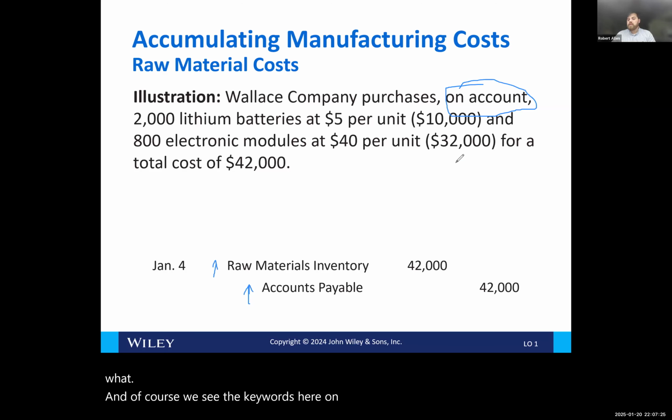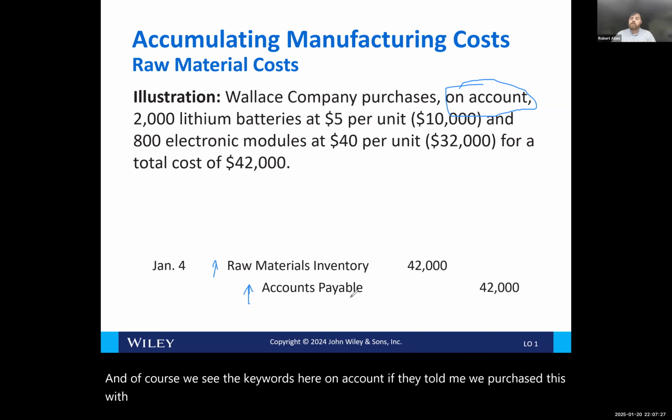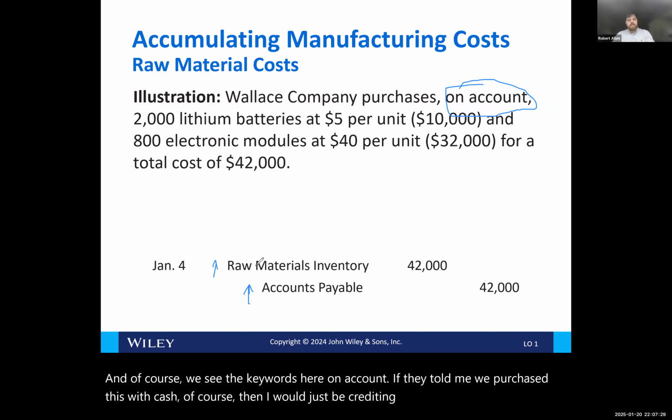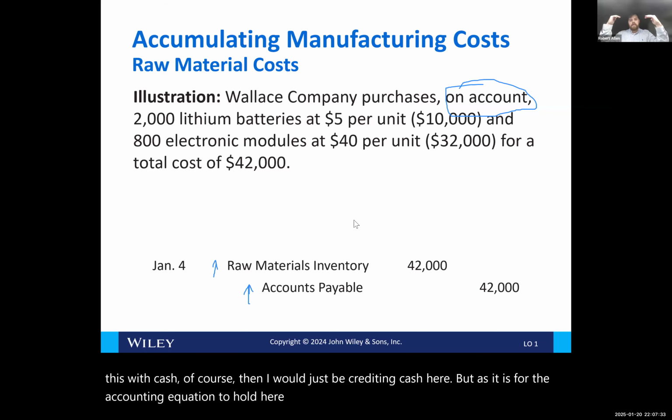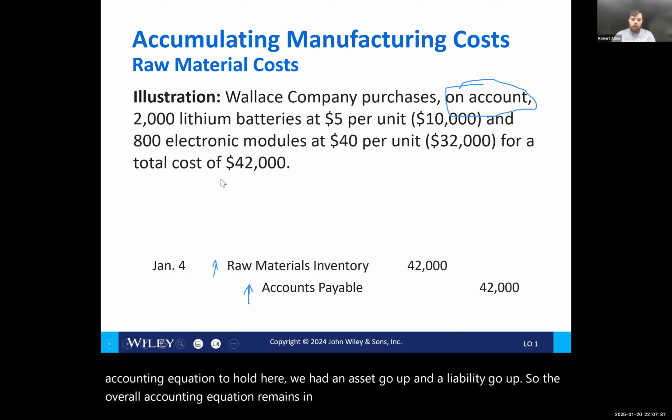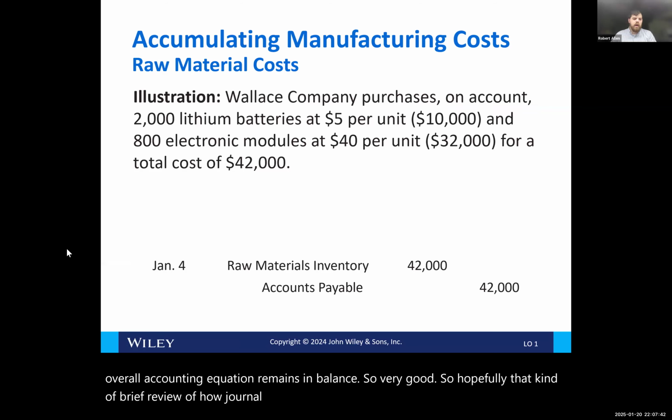If they told me we purchased this with cash, of course, then I would just be crediting cash here. But as it is, for the accounting equation to hold, here we had an asset go up and a liability go up. So the overall accounting equation remains in balance. So very good. So hopefully that brief review of how journal entries work from financial will be enough to kind of get the ball rolling again here for you.